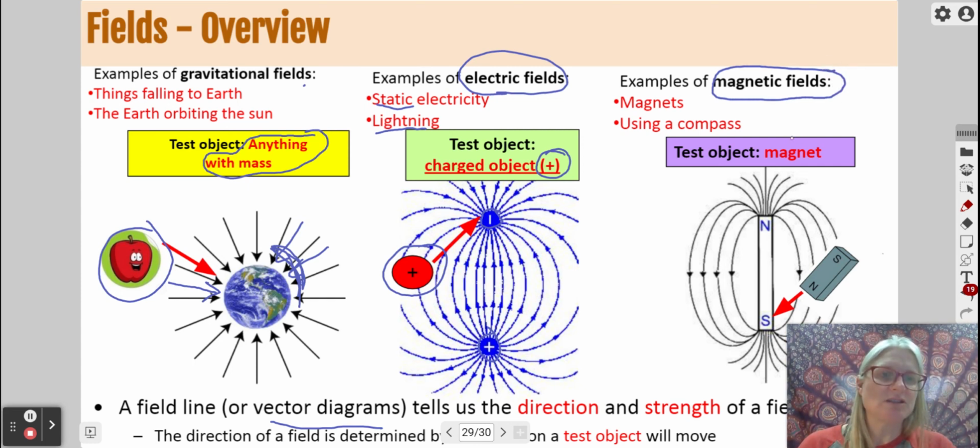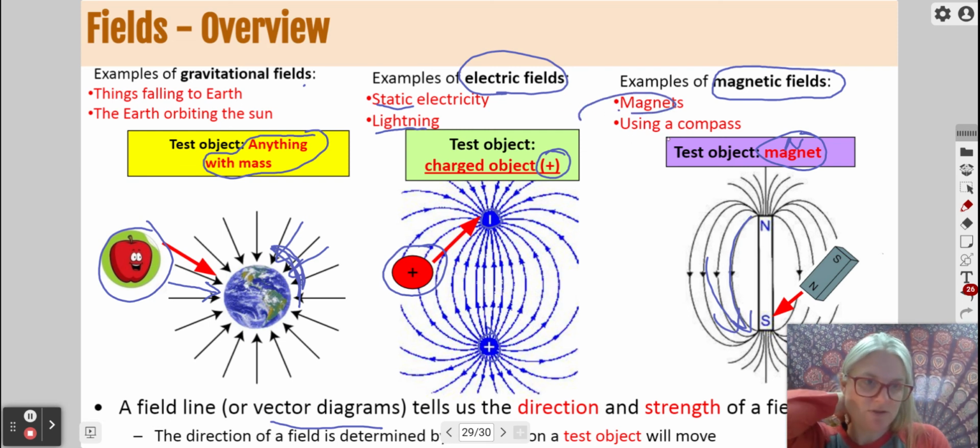Our test object is actually the north end of a magnet and which way it would move. So where would it be attracted to? North moves to the south ends. Some examples are magnets and using a compass. Also, the Earth has a magnetic field within it too.